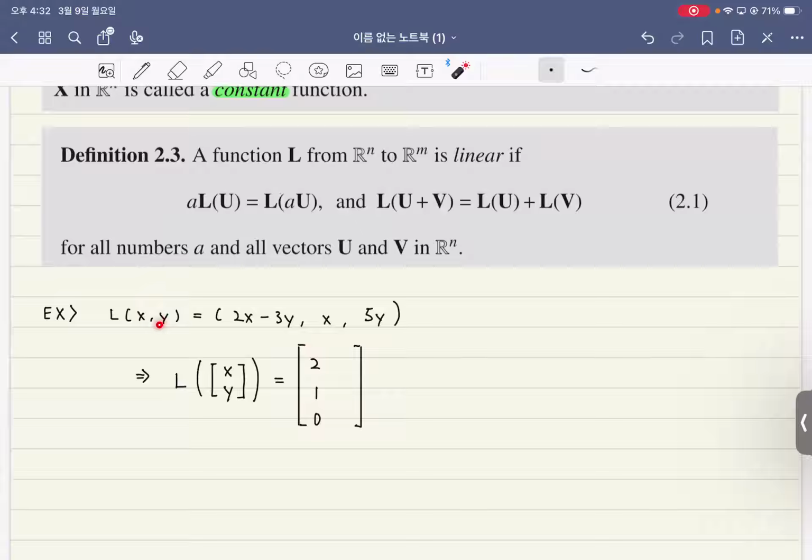And if you plug in the second standard unit vector, I mean x, y equals 0 and 1, then you're going to get -3, 0, and 5. So this matrix should be understood as the matrix representation of this linear function.